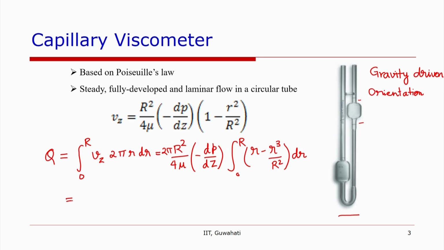So this will give us 2 pi R squared over 4 mu times minus dp by dz, and if we integrate this and put the limits, we will get R squared by 2 minus R to the power 4 divided by 4R squared, which will be R squared by 4.